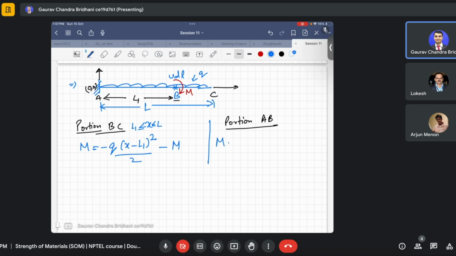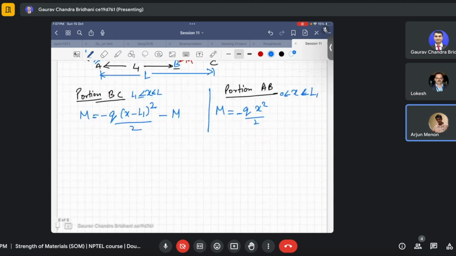And here if I put x equals L, you can see that the bending moment becomes minus m, which is at point B. It should match with the condition, okay. And then for AB, this will be simply q into x square by 2 with minus, okay. AB means here, x is varying between 0 to L1, okay.